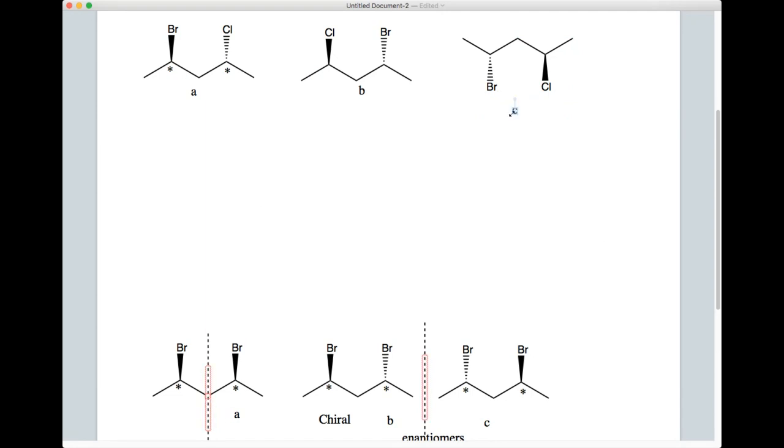So what about A and C, guys? What's the relationship between A and C? You have the question on the poll, just please answer the question.